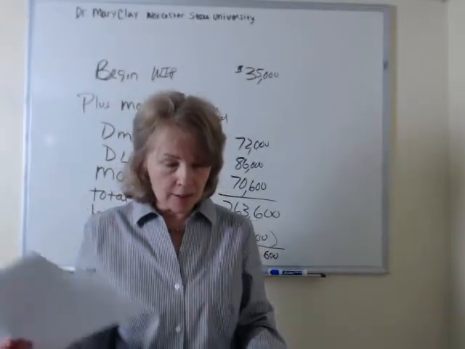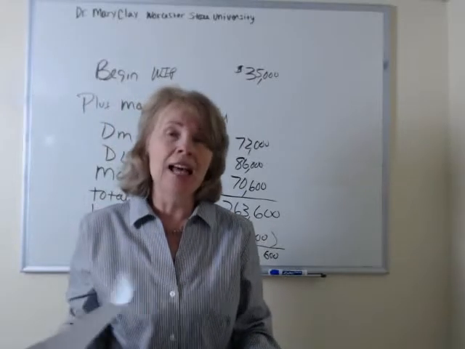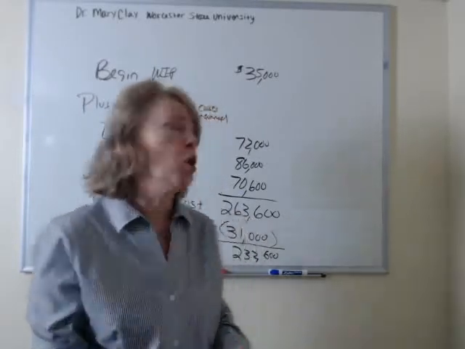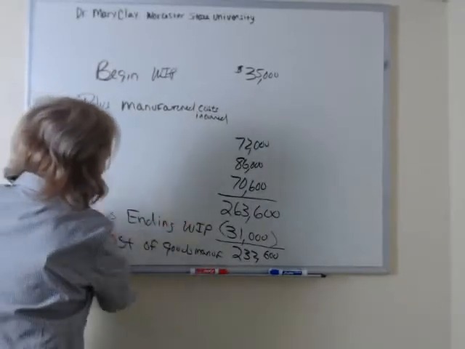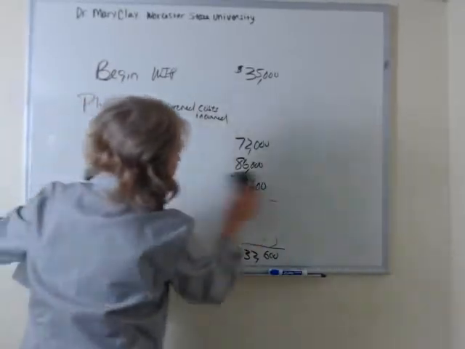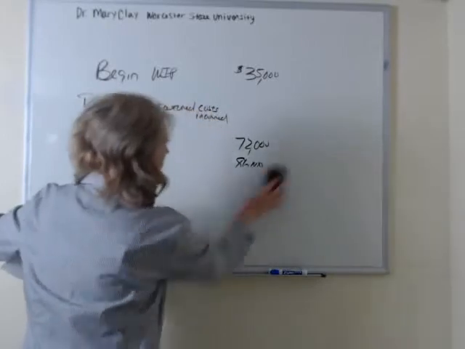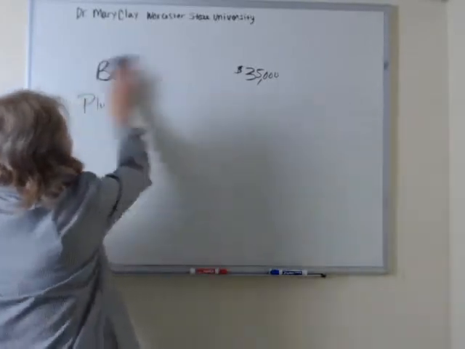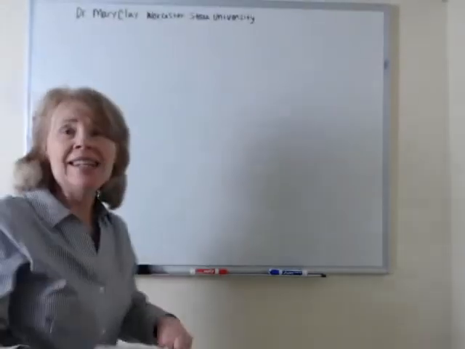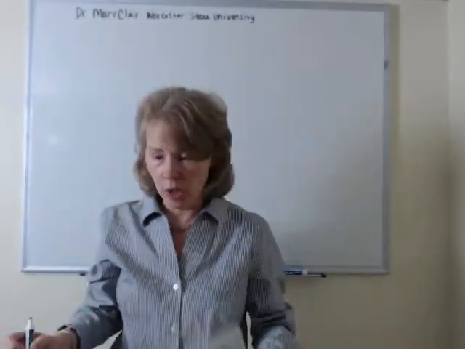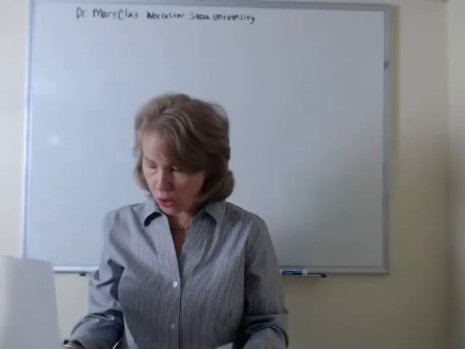The next part of this problem also asks me to compute cost of goods sold. So I'm going to erase. Now I'm trying to figure out the cost of the products that have been sold. So they were in finished goods and now they have been sold. So now I want to go to my finished goods piece.